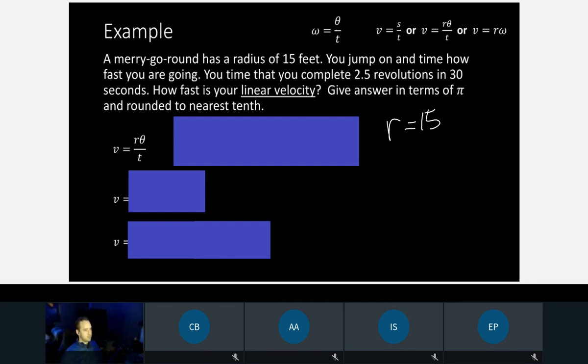How do I find theta? 2.5 is 5 pi. How did you find 5 pi? What was the math you used?